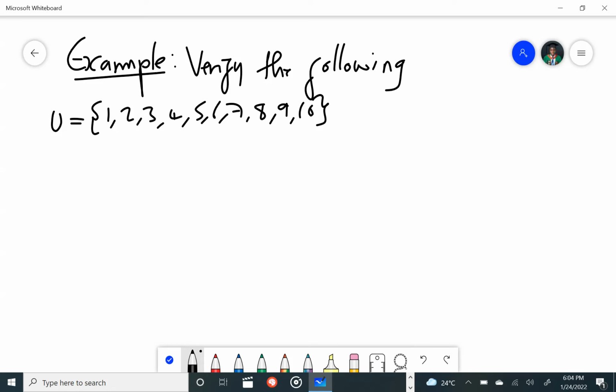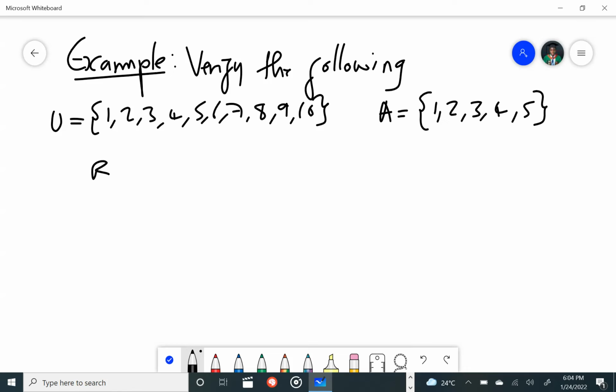And then what we have is set A. Set A is 1, 2, 3, 4, 5.